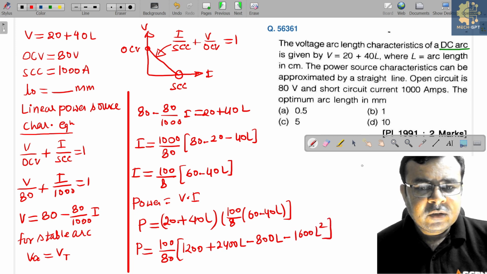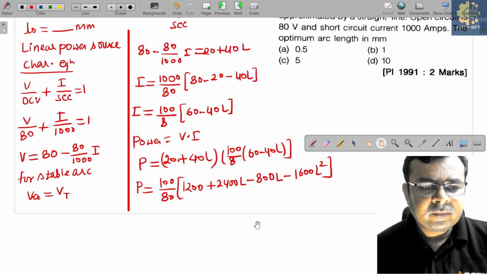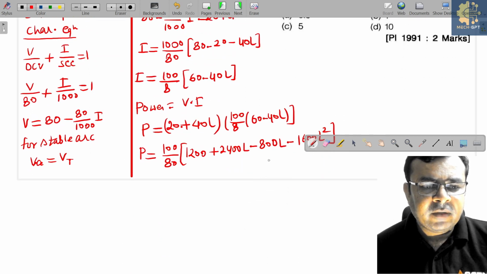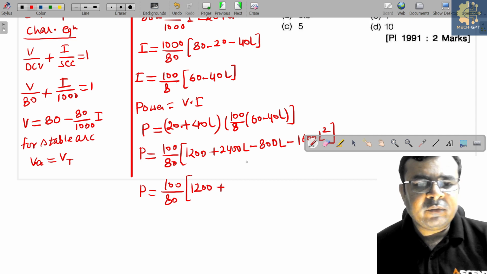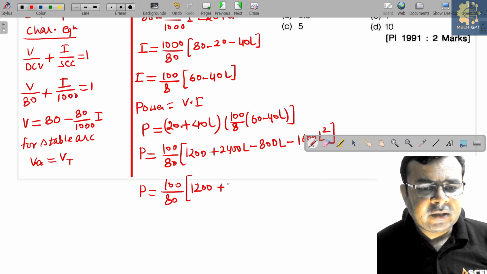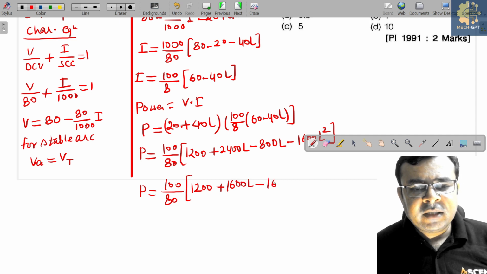Is it clear? So this is the power, correct? Again if we simplify this expression, we get 1200 plus, if you subtract 2400 minus 800, 1600 L minus 1600 L square.